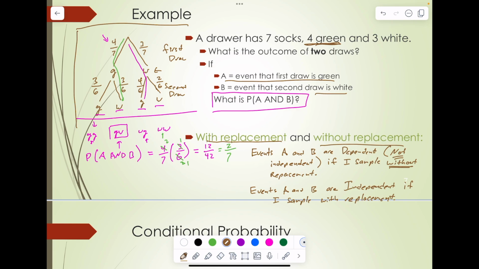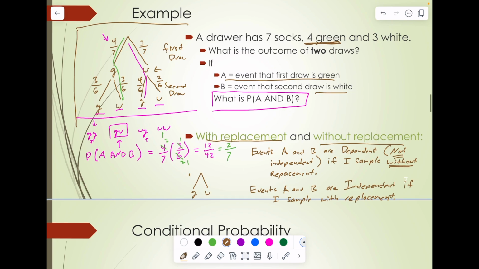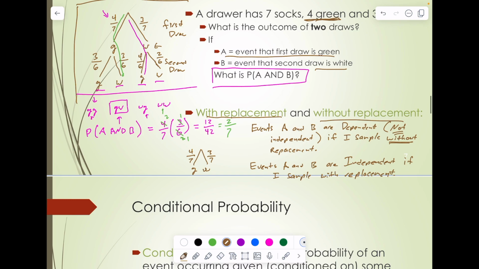Okay, now what would with replacement look like? Well, I would have my first draw, and it could either be green or white. And the probability of green is 4 over 7. Probability of white is 3 over 7. Now, my second draw, I also have those same two possibilities, but whatever sock I drew, I put it back. And so in my second draw, I still have a probability of green at 4/7 and a probability of white at 3/7 because I put the sock back.